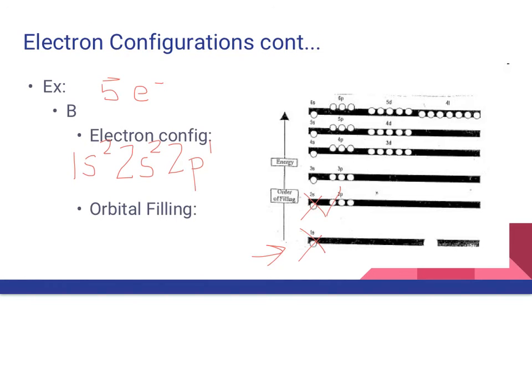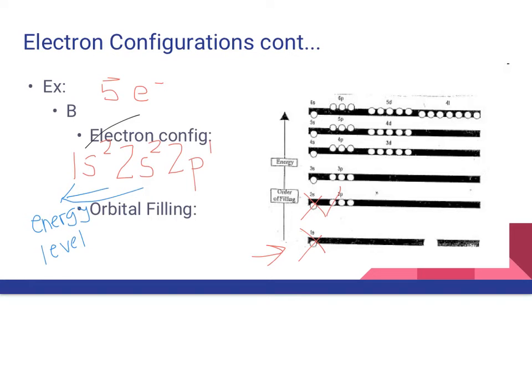So my electron configuration for boron is 1s2, 2s2, 2p1. It seems complicated, but each one of those numbers stands for something. The 1, the 2, and the 2 here represent the energy level, or the distance from the nucleus where the electrons are found.